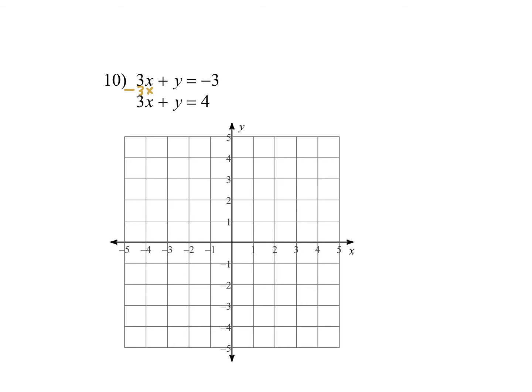Subtract 3x. So I have y equals negative 3x minus 3. So what's my slope? Negative 3. And what's my y-intercept? Negative 3. So I'm going to put a point at negative 3. And then how do I do the slope of negative 3?